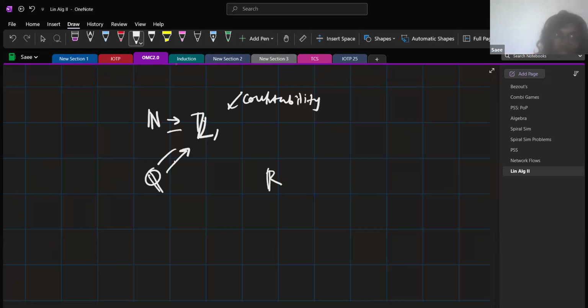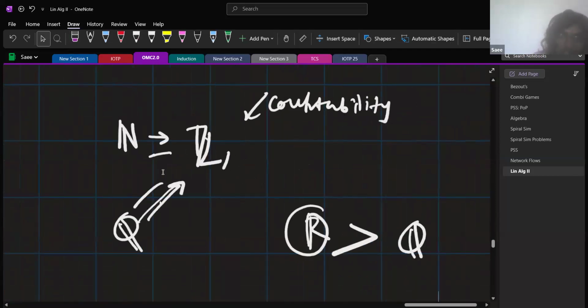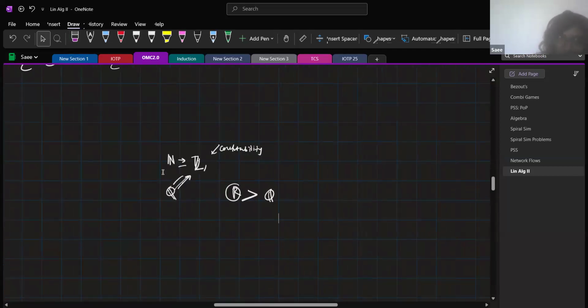Surely you would think that Q and Z have the same relation as R and Q. But as it turns out, you can show that R is strictly greater than the infinity of Q. I'm being very vague just to blow your mind, but there's an actual way to define the cardinality of infinite things.